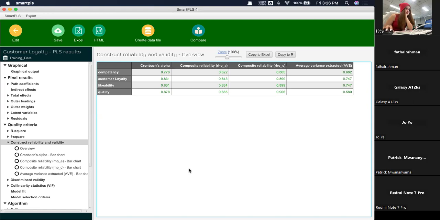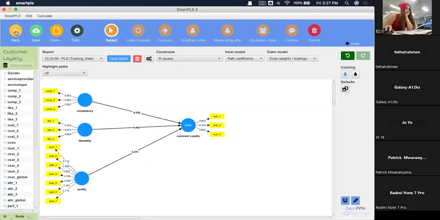Since there was an increase in our average variance extracted, and we want a higher AVE, that indicator is a candidate for deletion, because the whole aim of SEM is to explain a higher variance in the dependent variable.